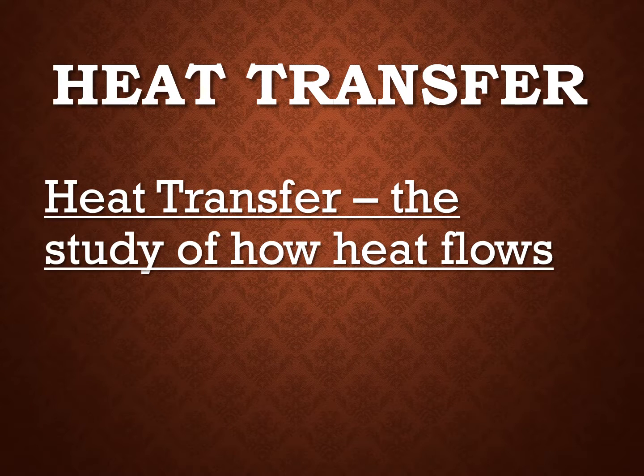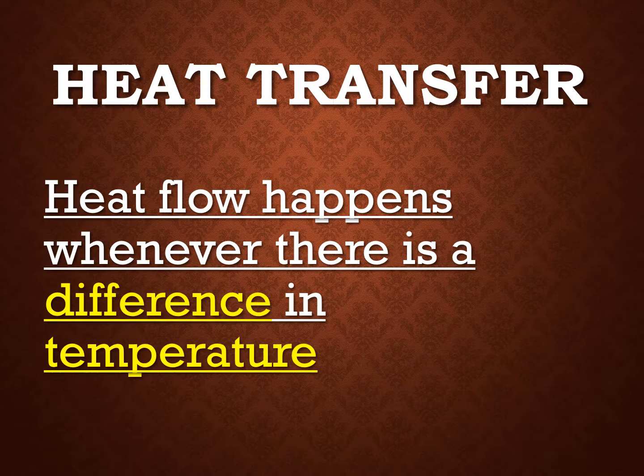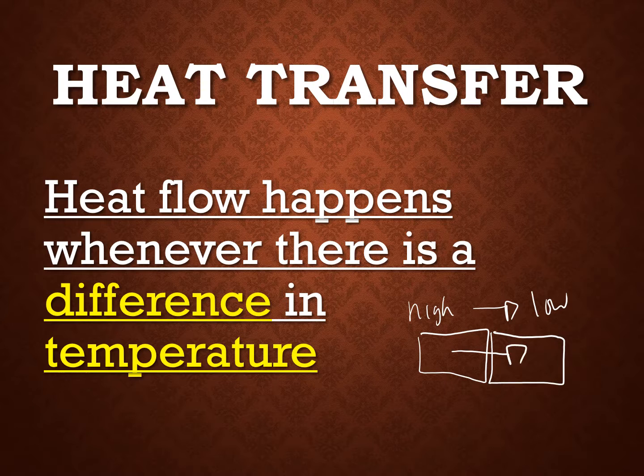Okay, so heat transfer is the study of how heat flows. And heat flow can only happen if there's a difference in temperature. Okay, so you have to have something where you go from high temperatures to low temperatures. Okay, and sometimes you'll see these diagrams as pieces of metal or blocks, and so heat will always go from high to low.